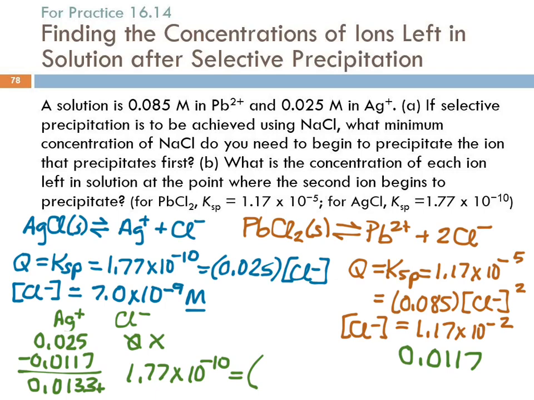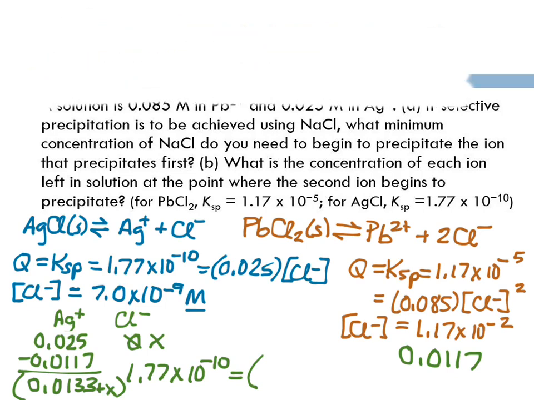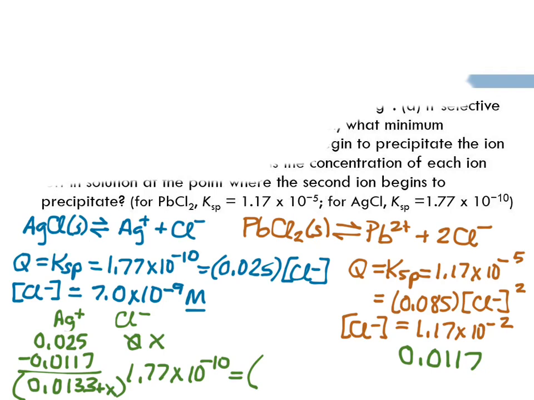Let's do this. I need space. I think we're done looking at all those words. Goodbye, words. Let's do this again. Silver and chloride. So I'm saying that it all reacted, and this is essentially 0, but we're going to call that our initial value now.